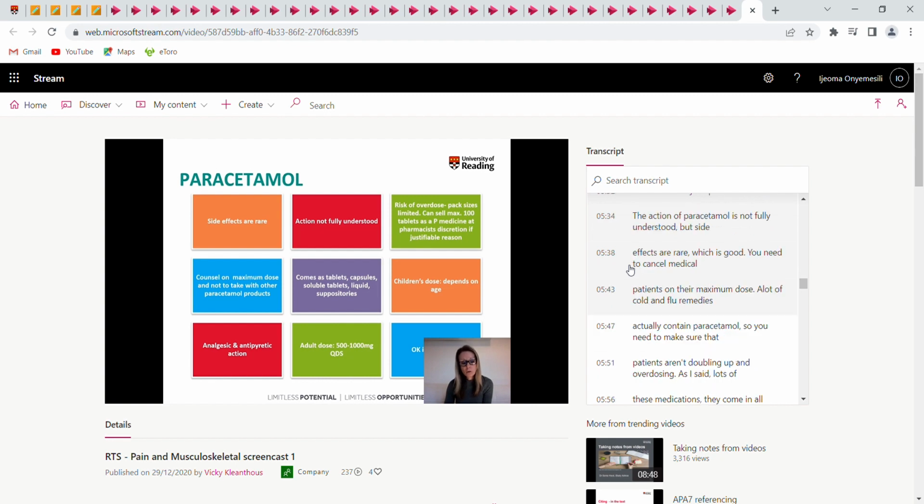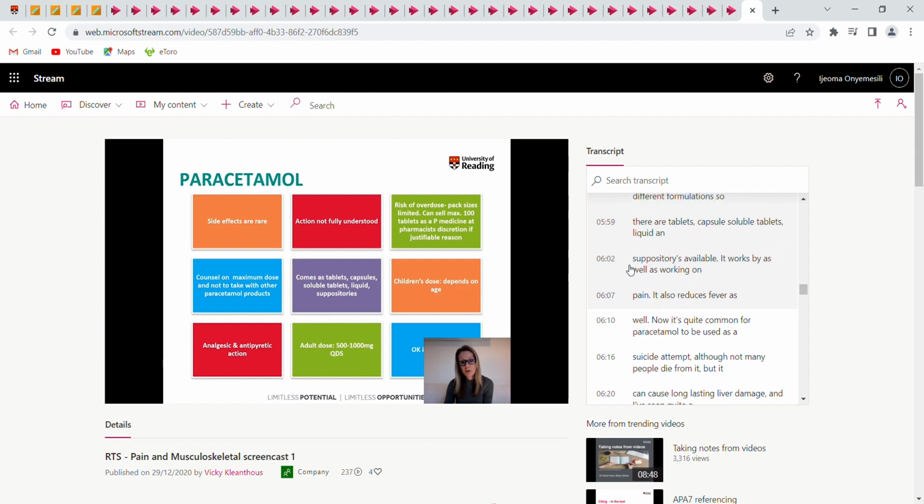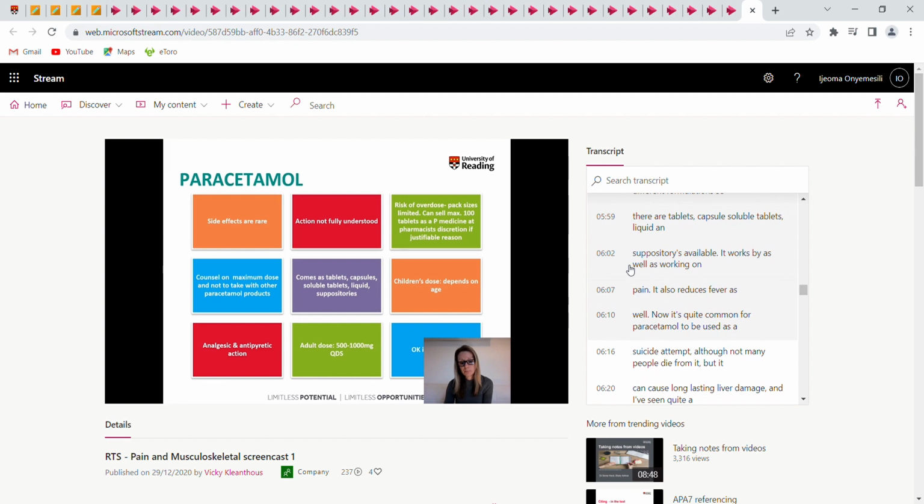A lot of cold and flu remedies actually contain paracetamol, so you need to make sure that patients aren't doubling up and overdosing. As I said, lots of these medications come in all different formulations. So there are tablets, capsules, soluble tablets, liquid and suppositories available. As well as working on pain, it also reduces fever.